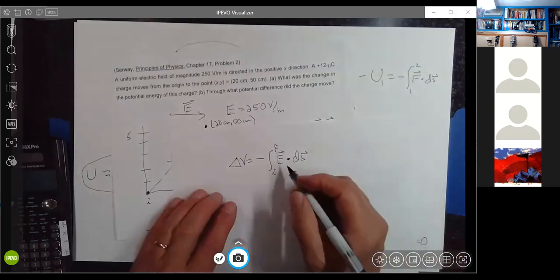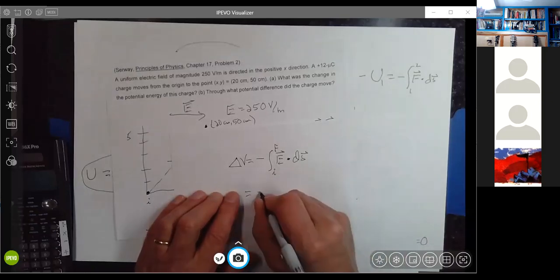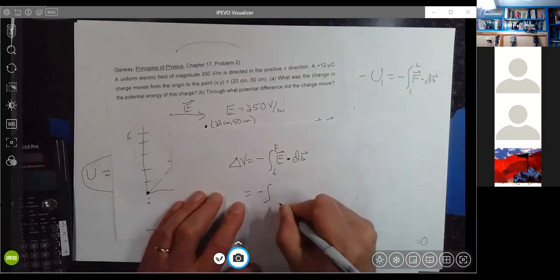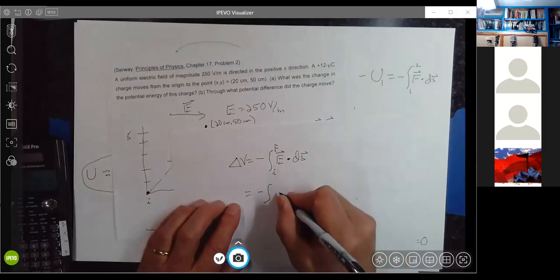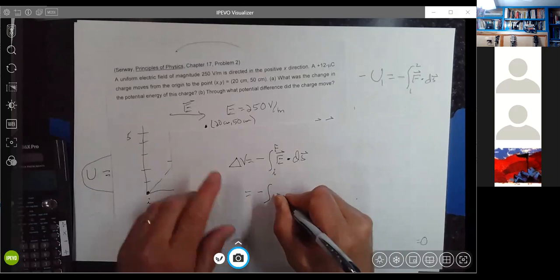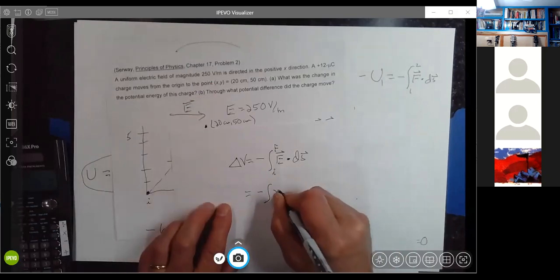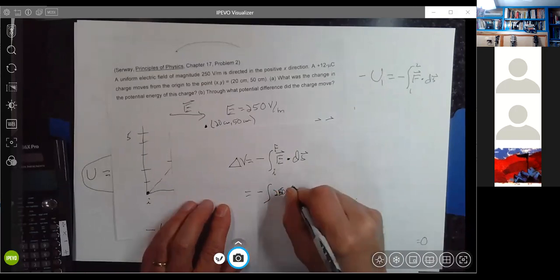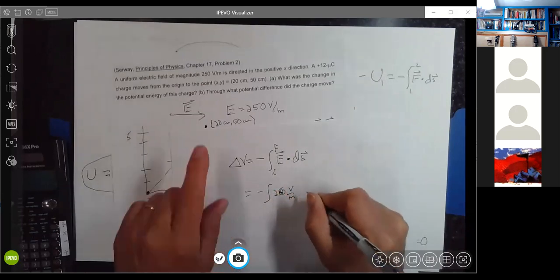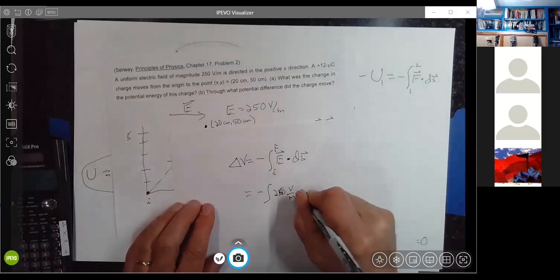And in this case, it's not going to be very hard actually. My electric field is 250 volts per meter in the I hat direction.